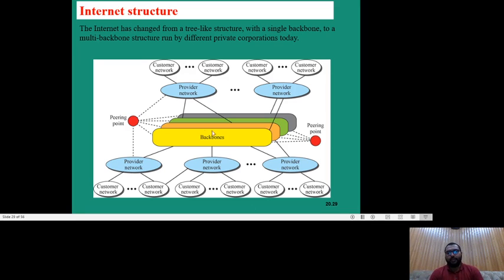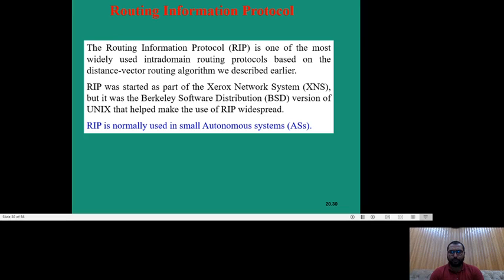In this figure you can see how the scenario of interconnection of networks is getting more complicated day by day due to different private corporations that are now part of the network.